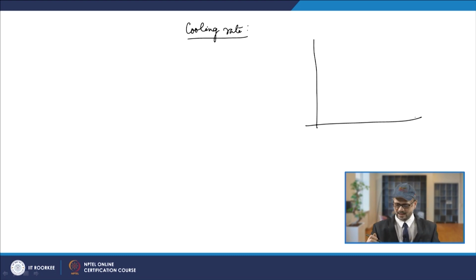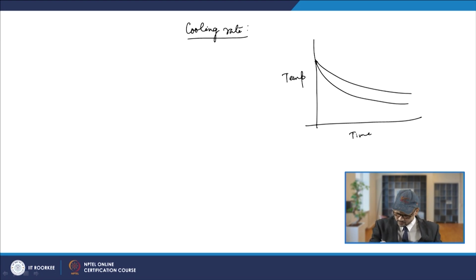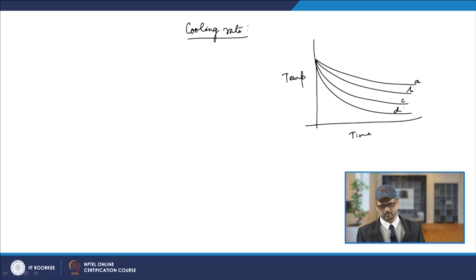That tells us that if you take the temperature on the ordinate axis and the time on the abscissa, and plot, you will have plots coming like this, one plot this way, another plot this way. You will have A, B, C and D; like that the plot varies.